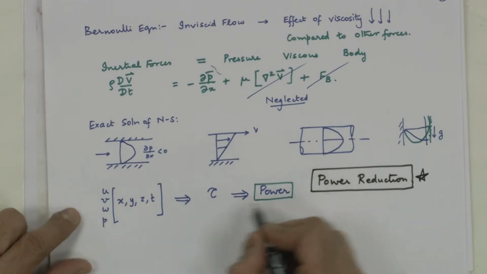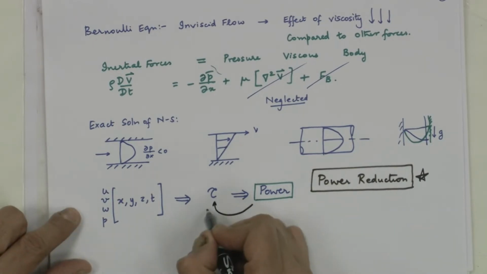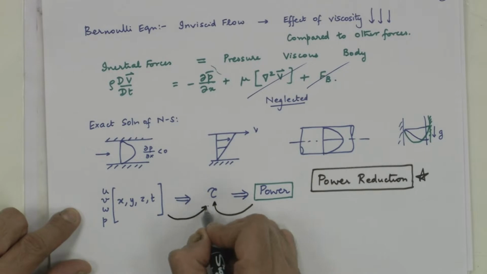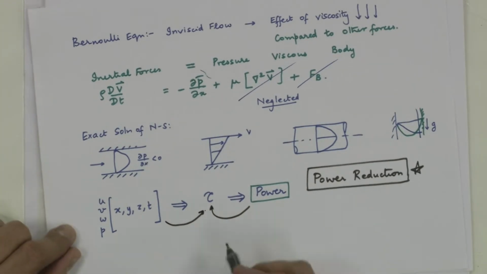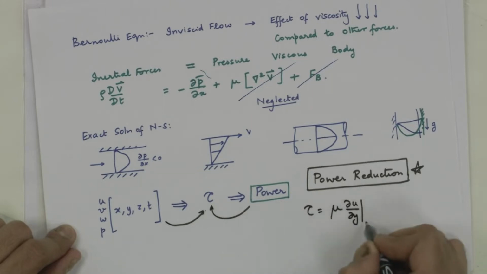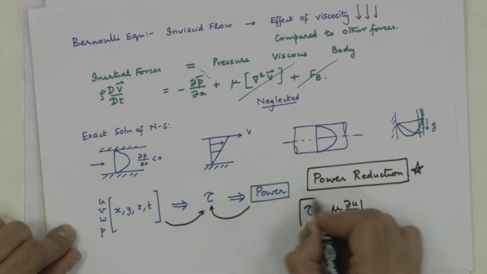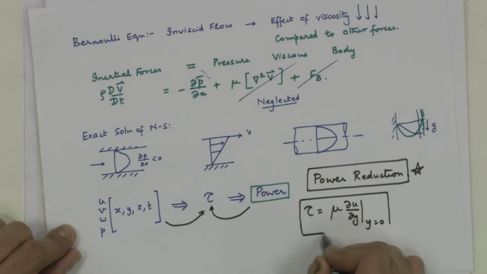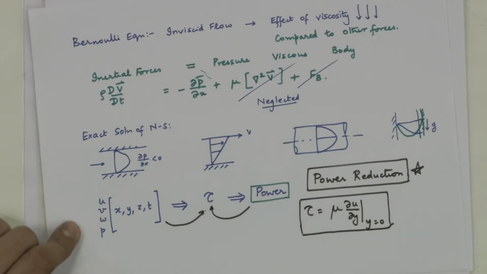So, this is my primary objective, which means to get the power I need the wall shear stress, to get the wall shear stress I need the velocity distribution, because I know tau is equal to mu du by dy evaluated at the wall. This is the simplest form that we have studied right from the first or second lecture of this course.